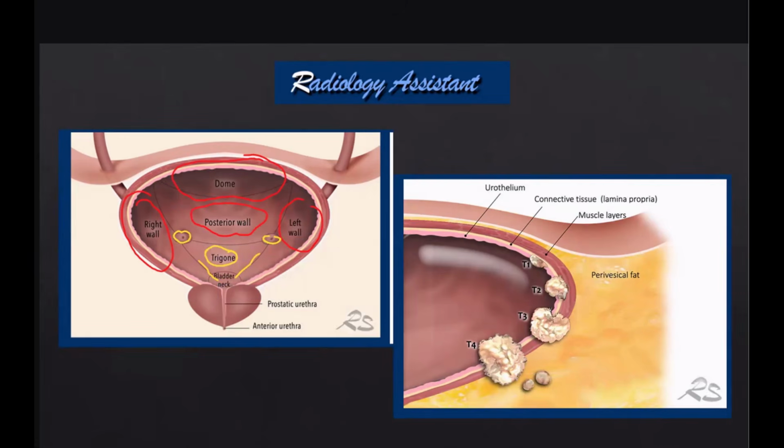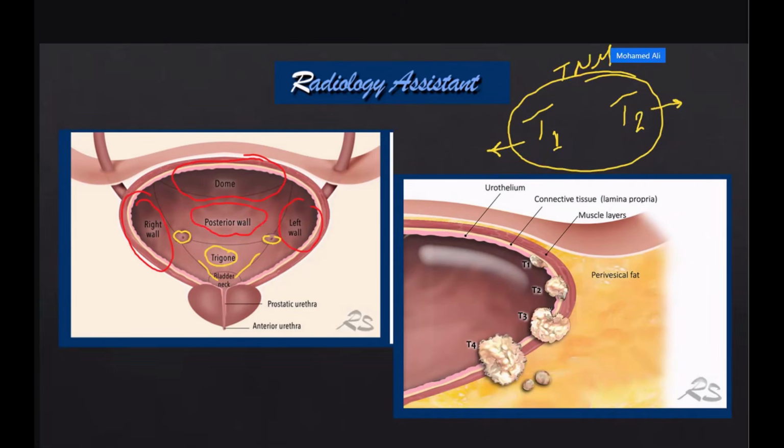As we described, it's very important to discriminate between T1 and T2 stage of the bladder tumor. T1 is not invading the muscles, T2 is invading the muscle. This is the TNM staging classification. So T1 non-invasive, T2 is invasive to the muscle.